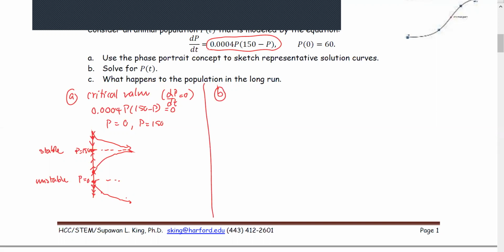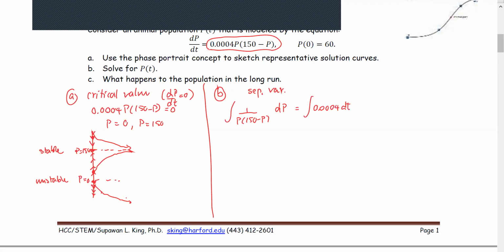Next, part B, we're going to solve for P of t. This is a separable equation, so we separate P and dP, t and dt. Then we get 1 over P times (150 minus P) dP equals 0.0004 dt.